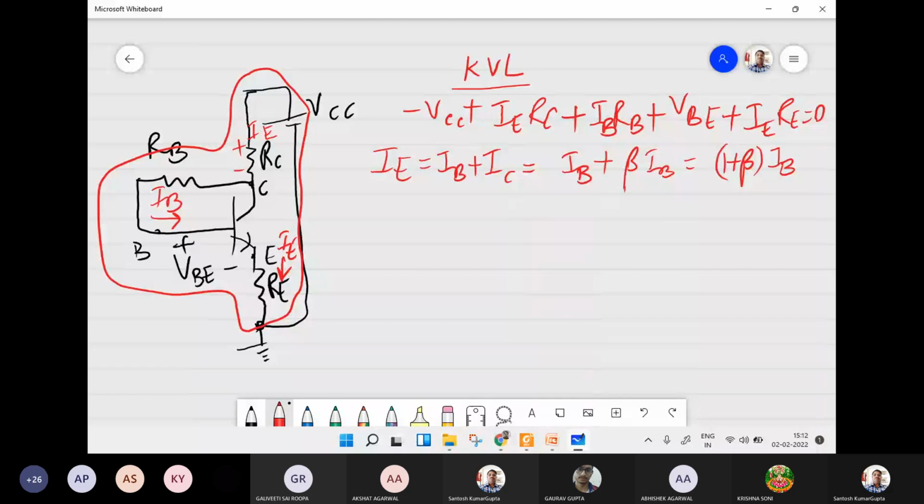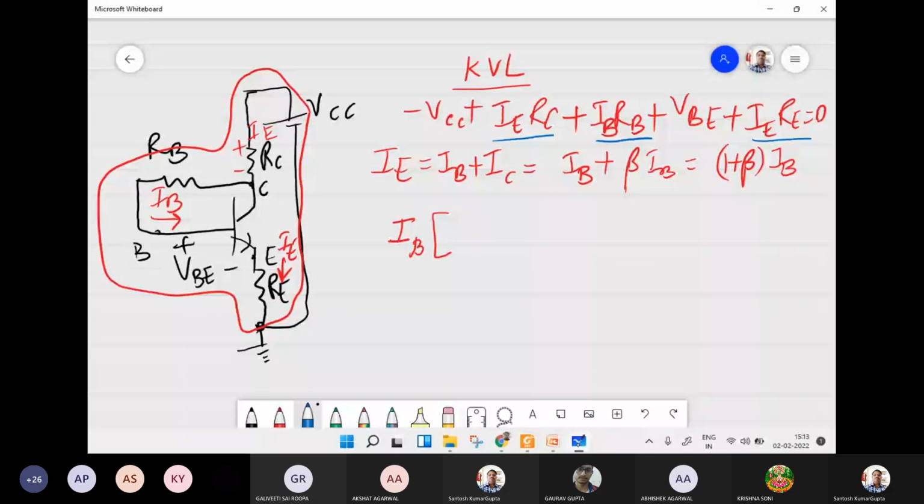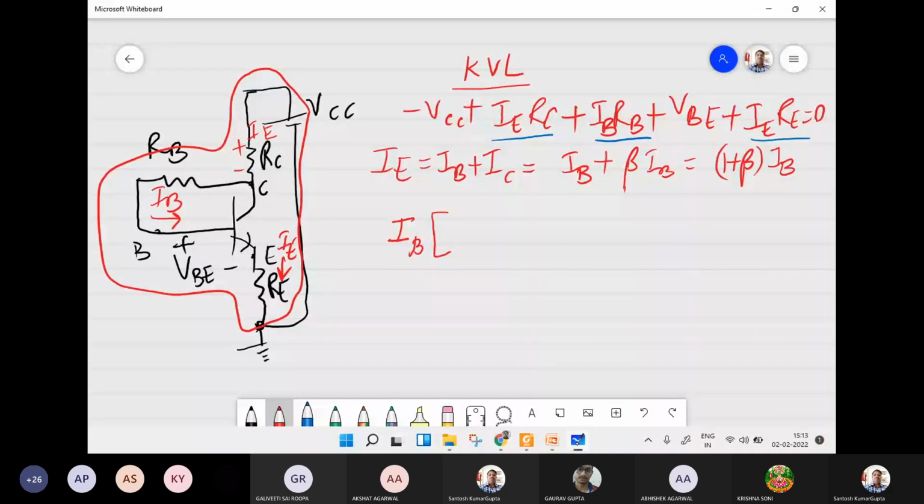After substitution, let us take IB common from the three terms.